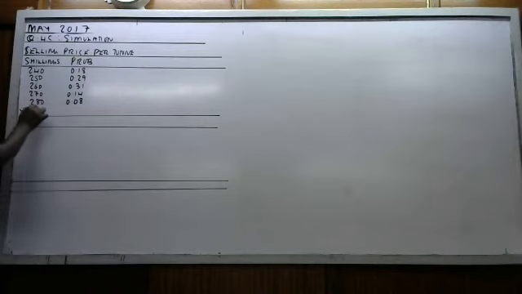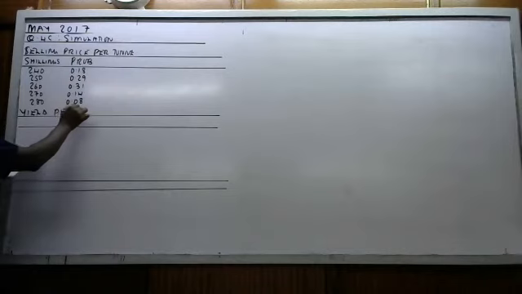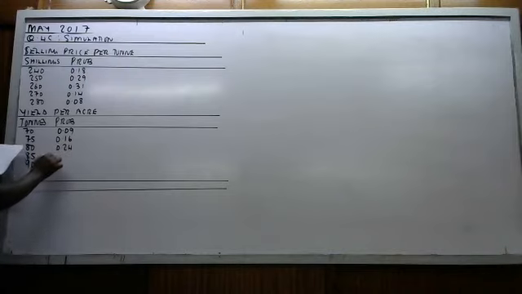Then we come to yield per acre. I have tons here. Tons are 70, 75, 80, 85, and 90. Then we have probabilities 0.09, 0.16, 0.24, 0.38, 0.13.